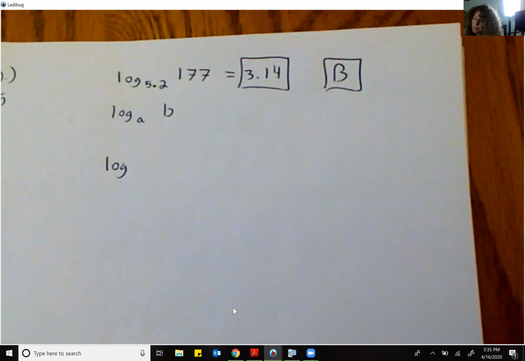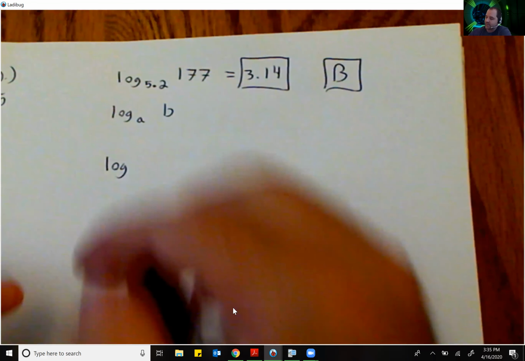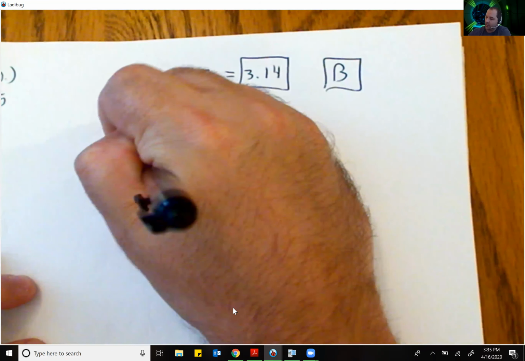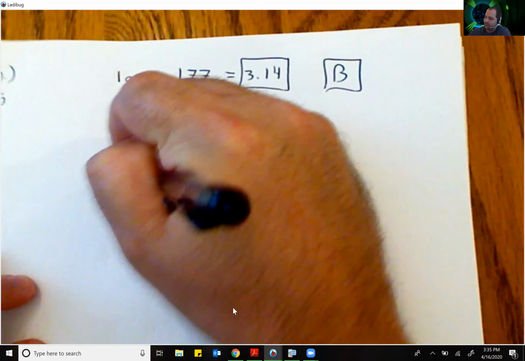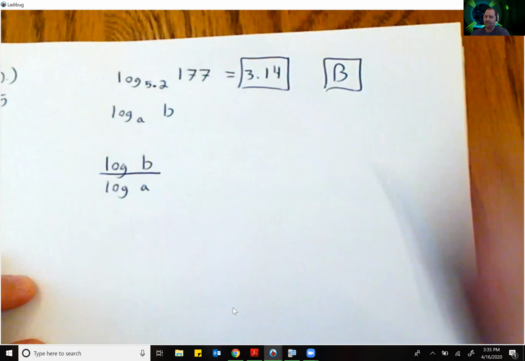I'm just looking up the equation real quick. Sorry about that. There it is. So it's log of B over log of A. These are the numbers you use.